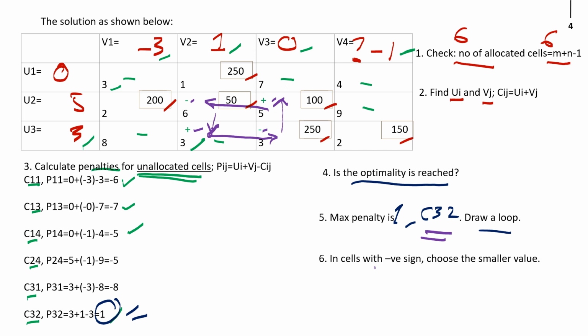Now in cells with a negative sign, choose the smaller value. Negative sign, 1 and 2. The smaller is 50.